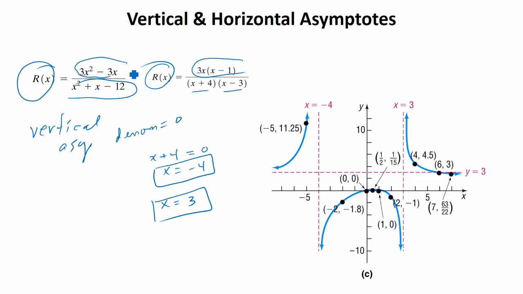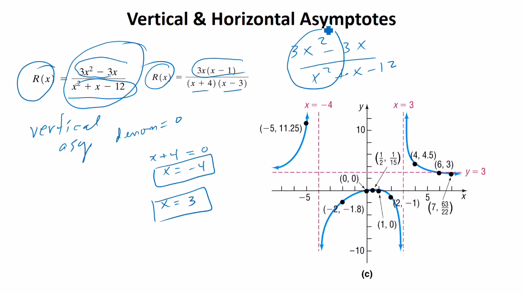And notice we have a horizontal asymptote. If you look at the original equation before we factored, you get 3x squared minus 3x over x squared plus x minus 12. And the horizontal asymptote is going to be the ratio of 3 to 1.